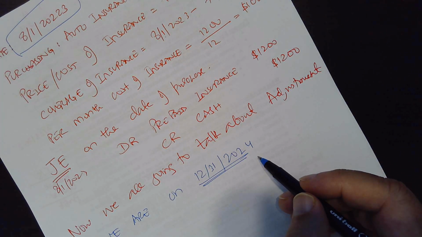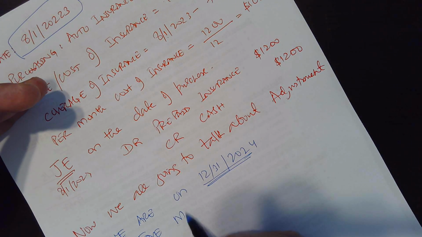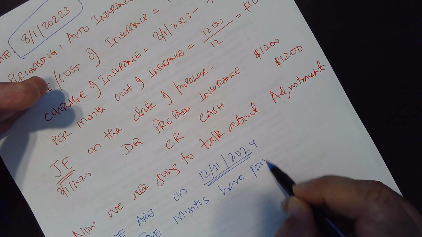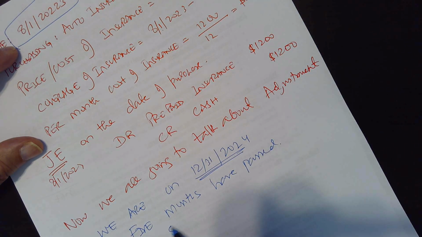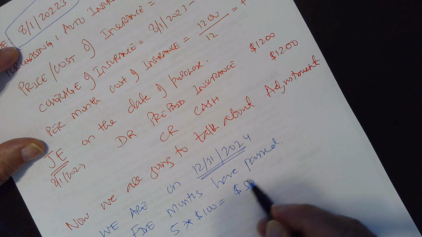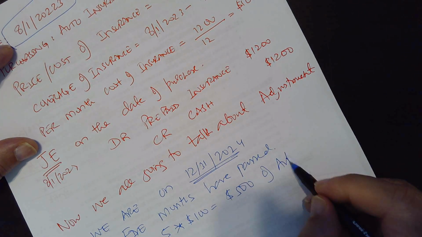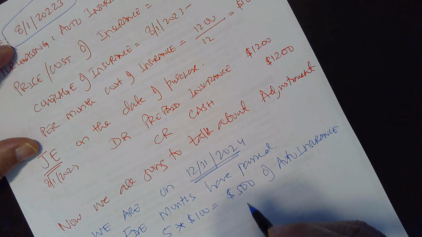The entire months of August, September, October, November, and December. So 5 months have passed, right? So how much insurance have you used? 5 multiplied by 100. So you have used $500 worth of auto insurance, it is used up.